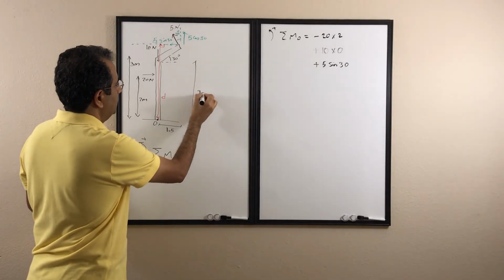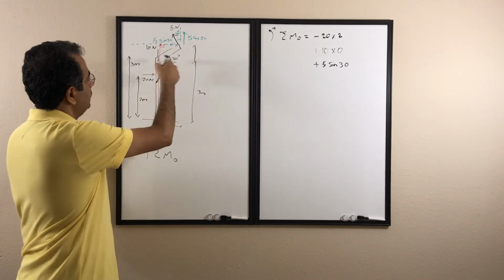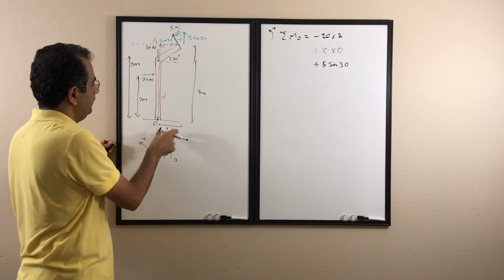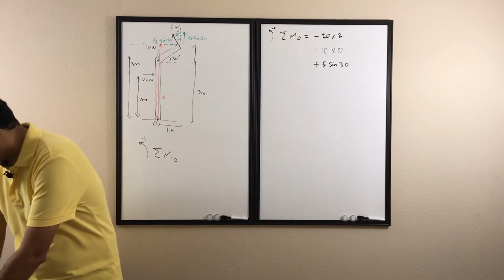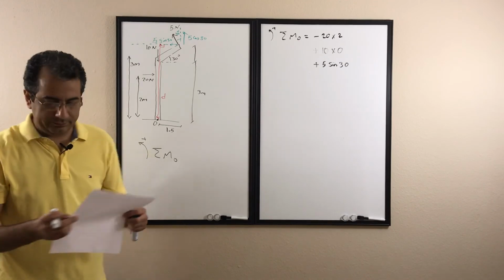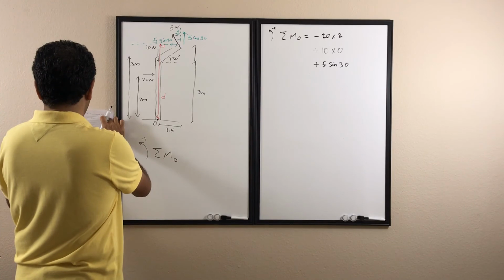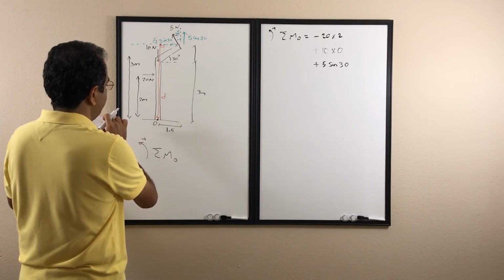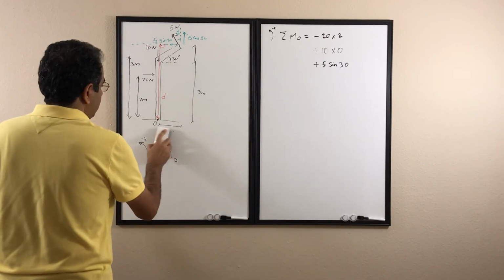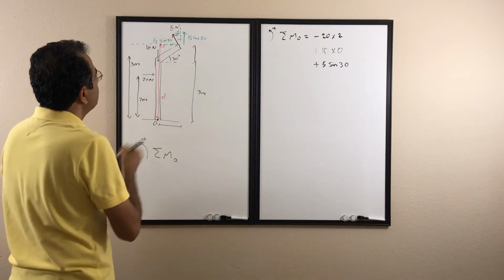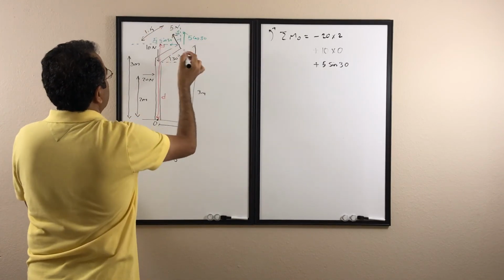So this is 3 meter, and then we need this length as well. So to find that distance, sorry, it's not 1.5, this is 1.5, so that distance is 1.5.